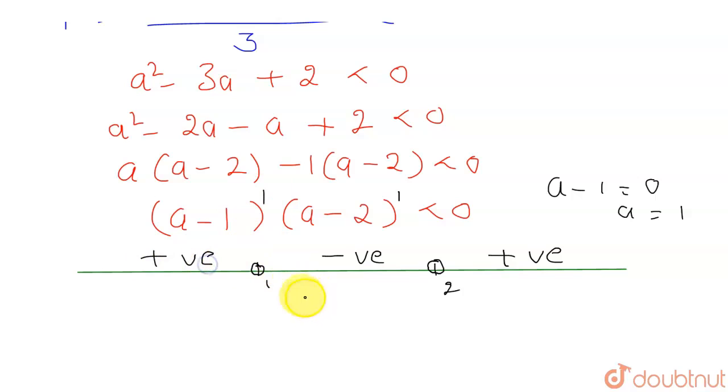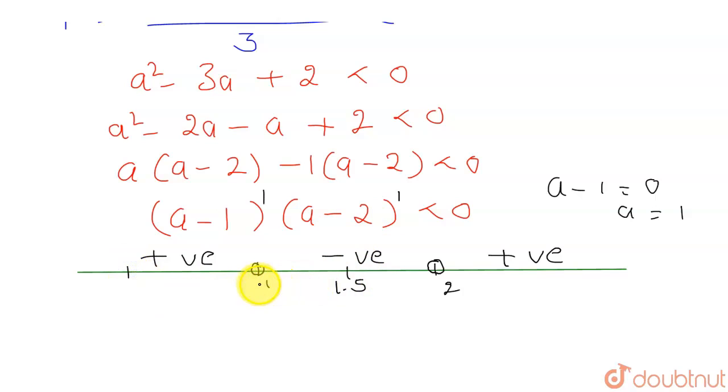You can also check by just putting one value here, like in between 1 and 2 there is 1.5. If you put 1.5 here, you will get the product of these two as minus, because this will give me 0.5 and this will give me minus 0.5, which will give me minus 0.25, which is a negative term. So that way you can check as well.